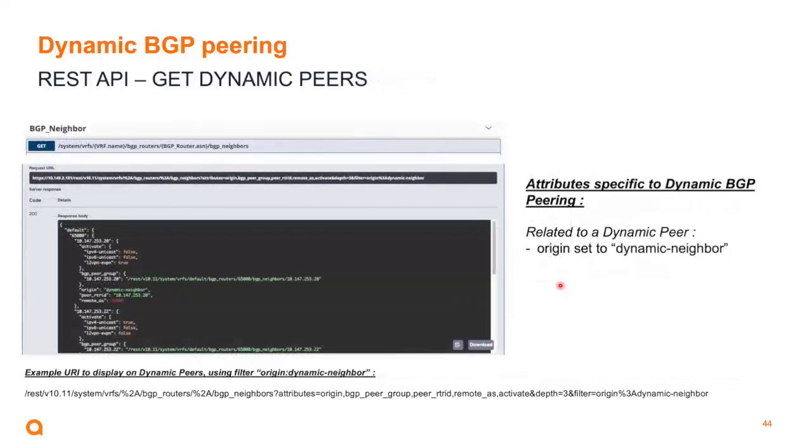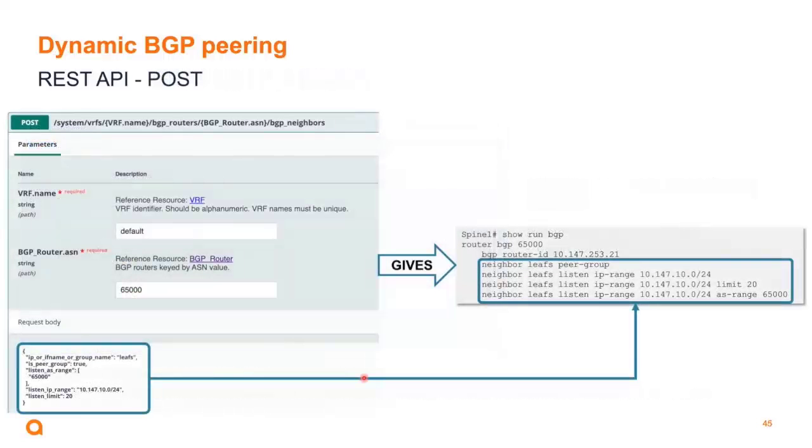If you need to get information about the dynamic peers themselves, you just need to use a filter with origin set to dynamic neighbor. Using this filter, you will be able to retrieve all the dynamic BGP peers. Obviously, you can also use POST to create those dynamic peer groups in your automation workflows.